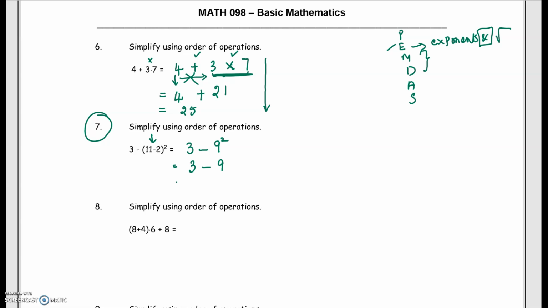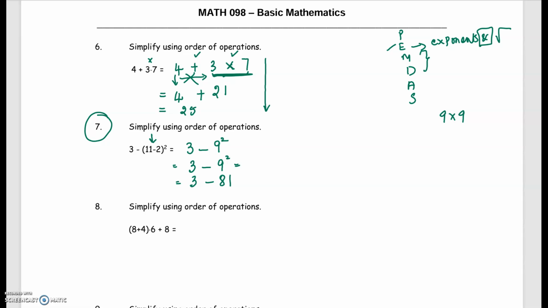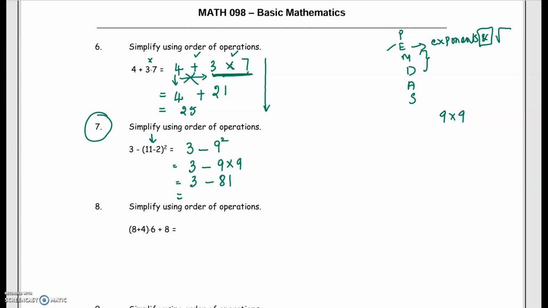Okay, so this would be next: exponents. So that is 3 minus 9 squared, and 9 squared is 9 times 9. So I'll just fix this a little bit and write it as 9 times 9, just trying to understand what 9 squared is. 9 times 9 is 81, and then you get an 81.